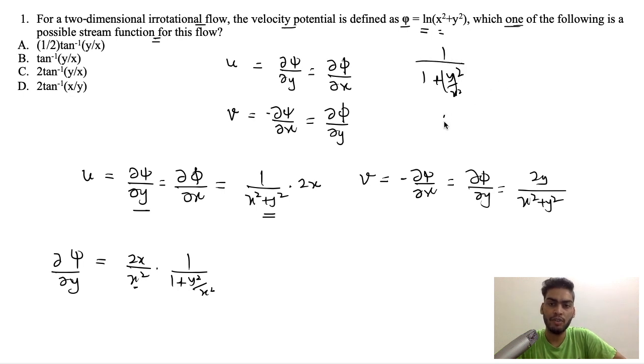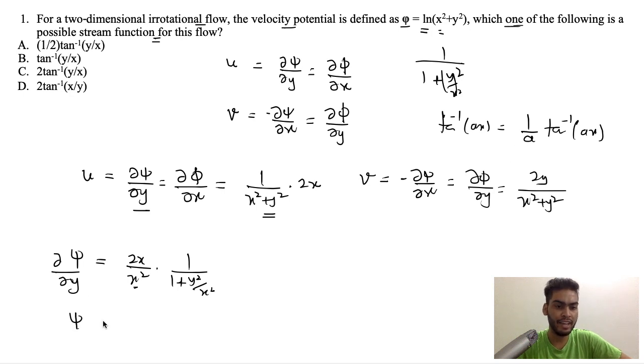For tan inverse ax, we know the integral of 1 upon 1 plus ax square is given as 1 upon a tan inverse ax. Using the same logic, we obtain psi is equal to this: one x will cancel out, and when we integrate, there will be one more x from this part, so this will cancel and we'll have 2 times tan inverse y upon x.